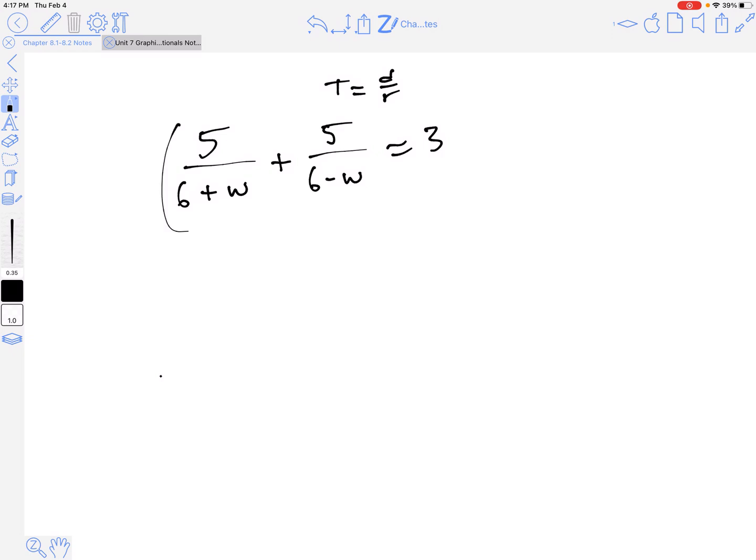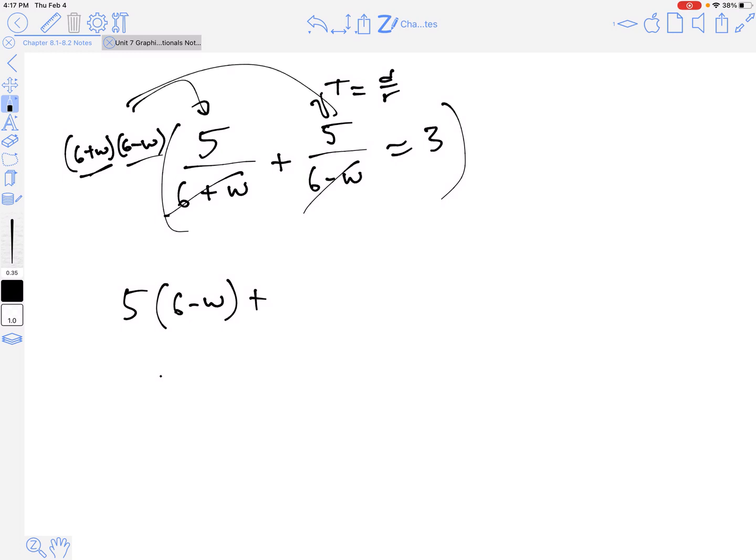And then I like to do the same strategy as before. I multiply everything by 6 plus w times 6 minus w. And so that will cancel out this, right? 6 plus w will cancel that out, leaving me with 5 times 6 minus w. And then that will cancel out there when I distribute it, leaving me with 5 times 6 plus w.